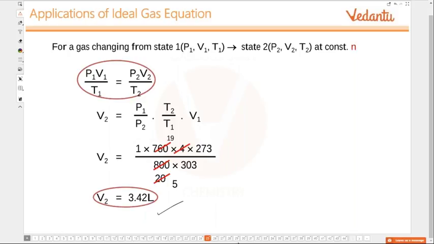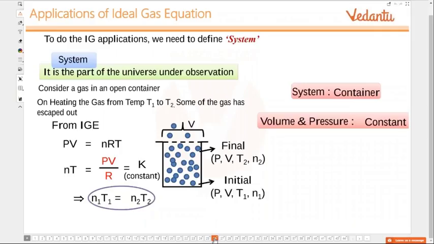Move ahead. This one is the system and all these things, you just ignore this because we will be doing this in detail in thermodynamics. Okay, let us concentrate on this gas, which is our system.